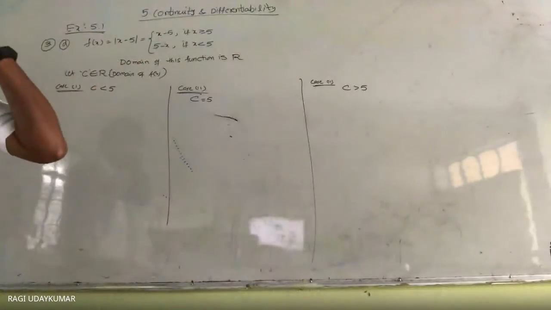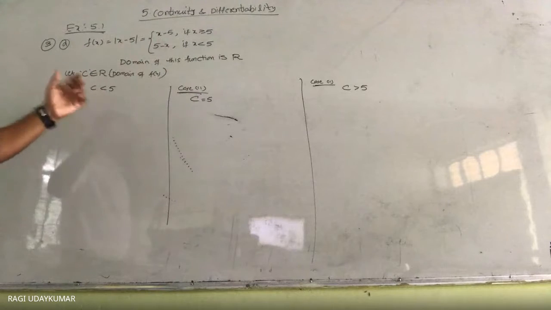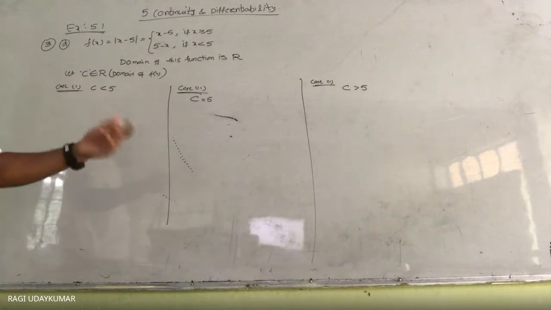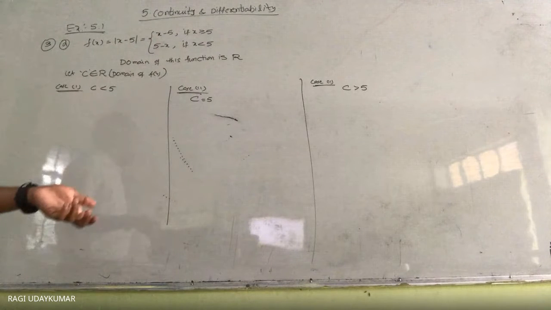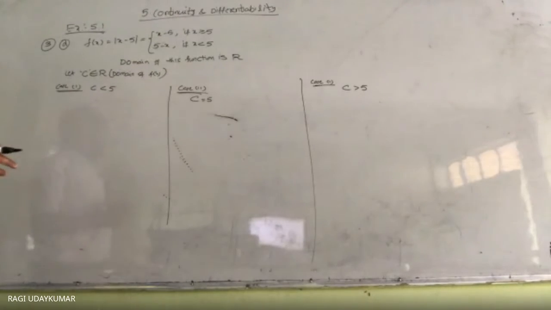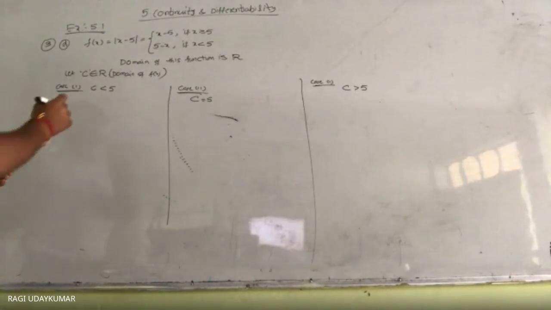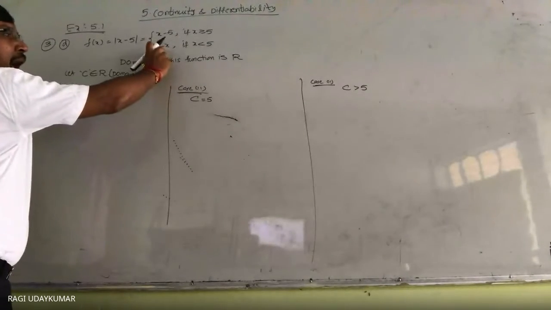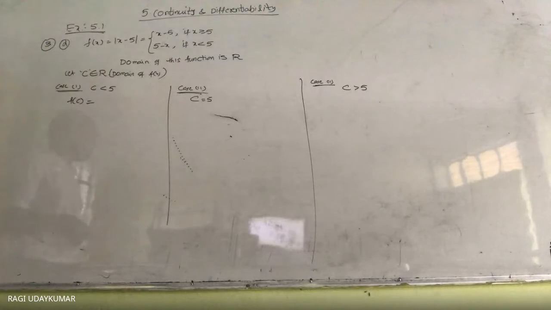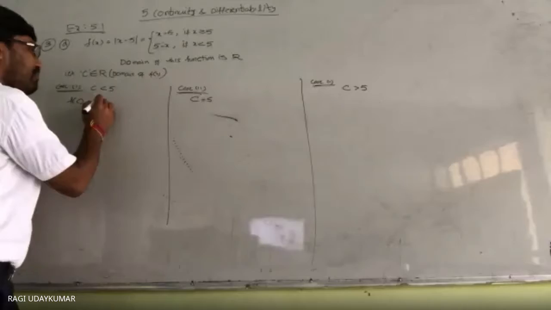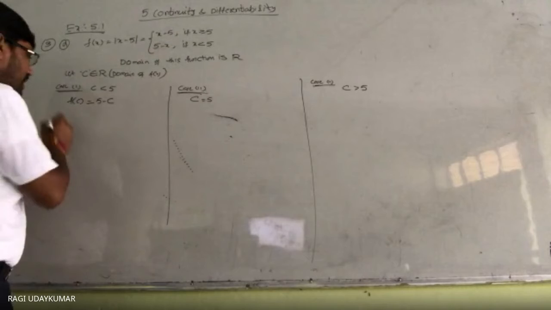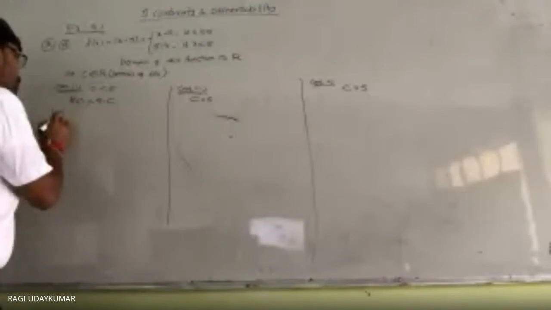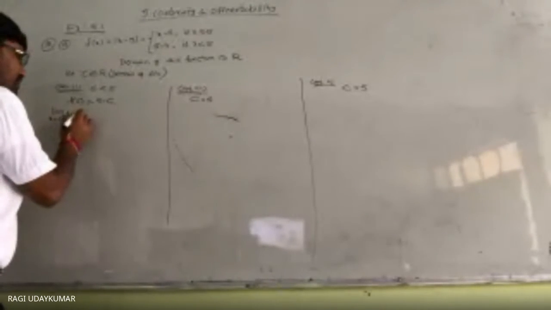Here we need to take, at every place, the function behaves in a different way. So in this situation, less than 5 means what function should be taken into consideration. f of c क्या होगा? Less than 5 है ना? So 5 minus x should be taken. 5 minus c, f of c value. So what is limit x tends to c of f of x?